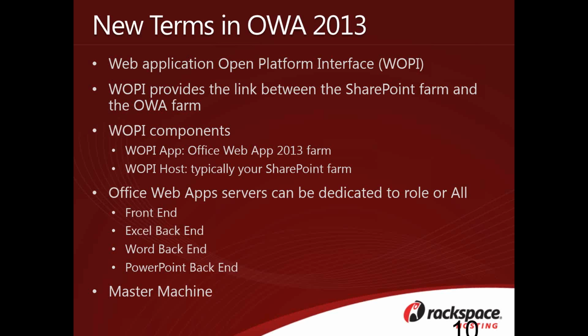The best way I've figured it out in my head, anyway, is to think of it from the user perspective. The user leverages the host, the SharePoint host, and it uses the capabilities of the app, the Office Web Applications app, right? So thinking of it from the user perspective and coming in from that direction makes it a little bit more sense. Kind of got backwards there a little bit.